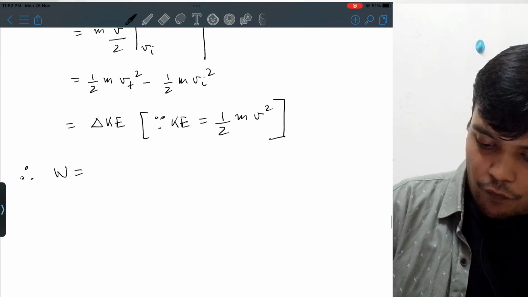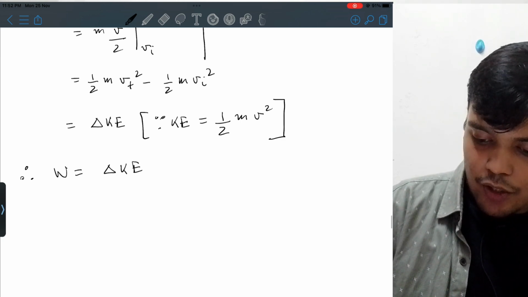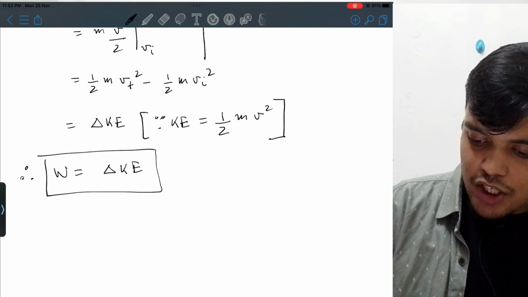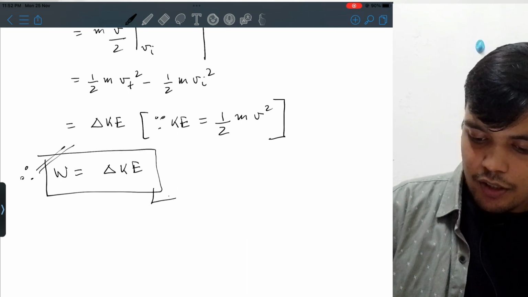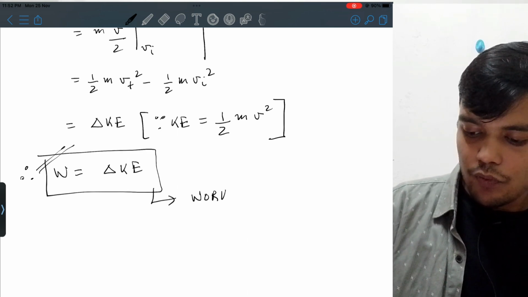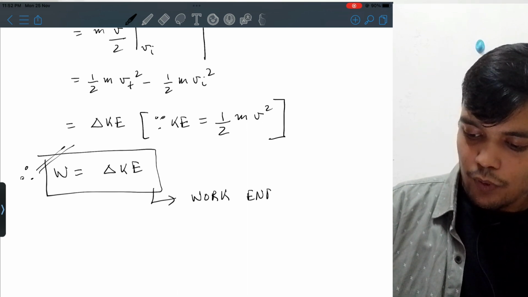So this is a very important relation, that work done is equal to change in kinetic energy. This is called the work energy theorem.